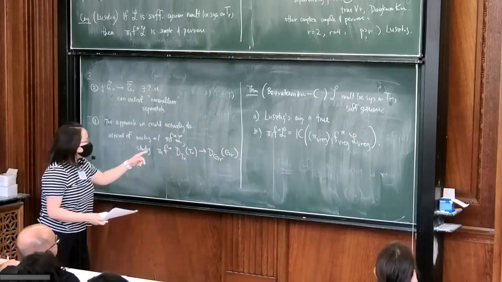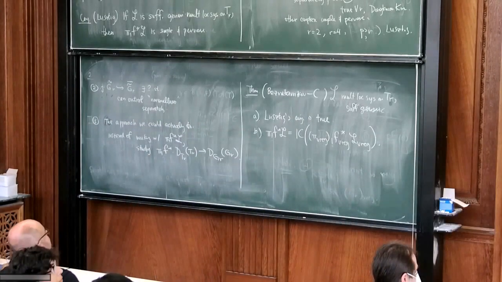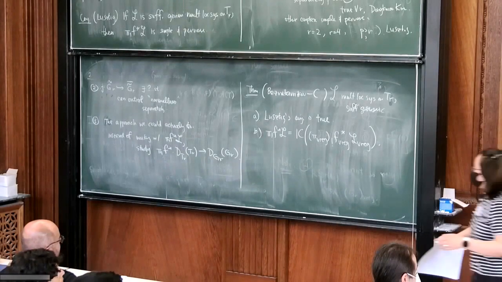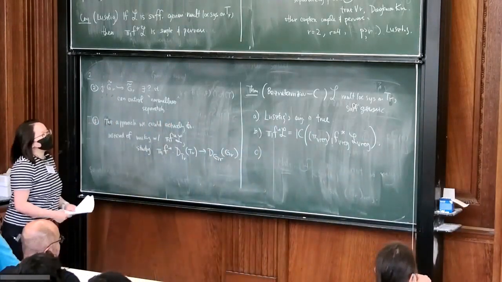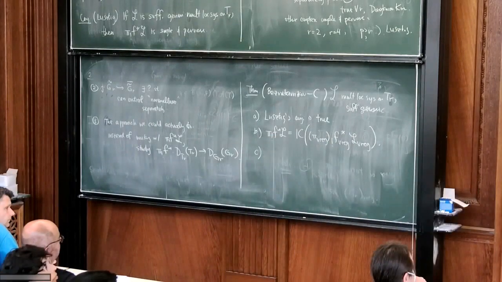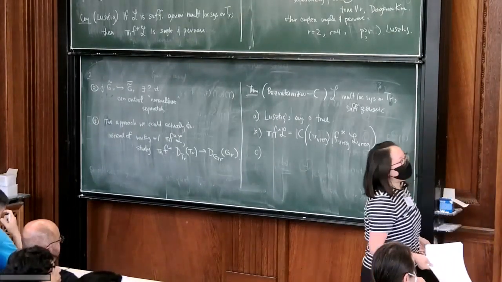And so you'll note that on the right-hand side, we kind of used this description for reg to get the simple perversity statement. But here it's kind of in the opposite direction. Okay. And then part C is that in order to do the comparison to Deligne-Lusztig induction, you need to construct yet another description of this push-pull.